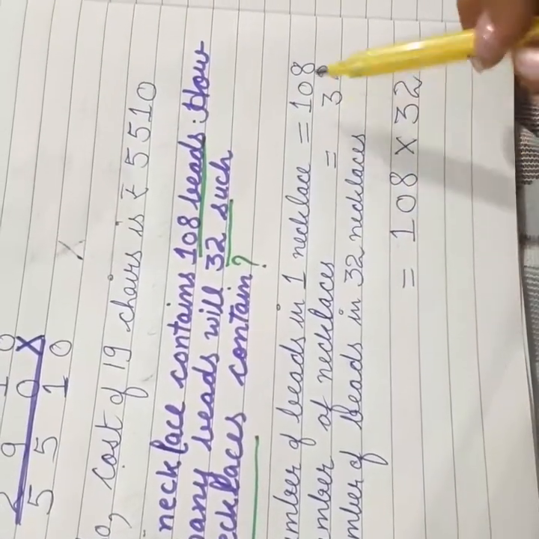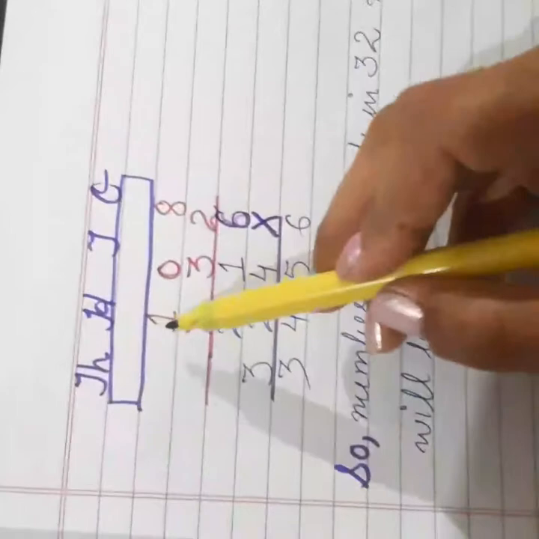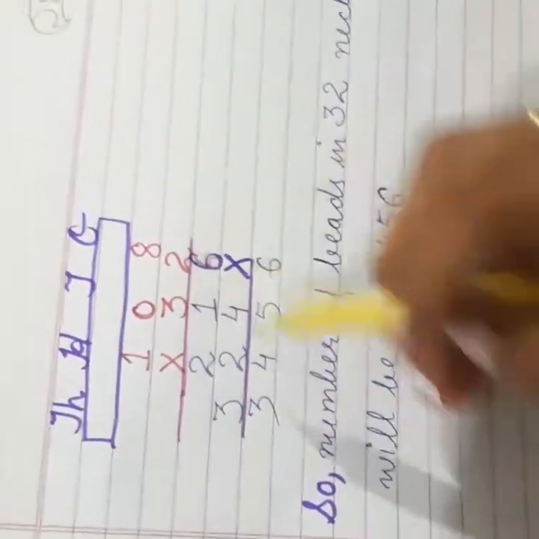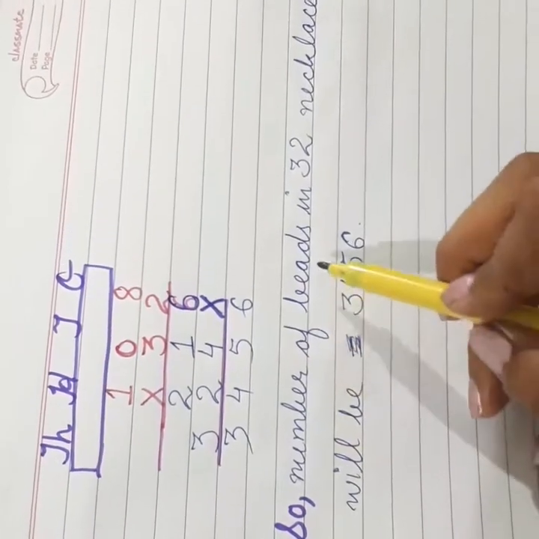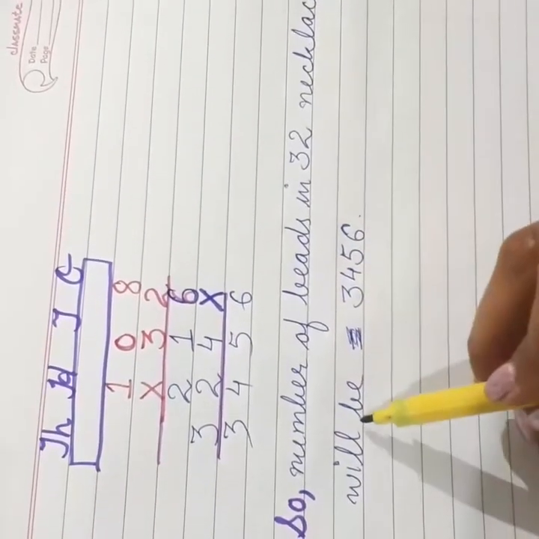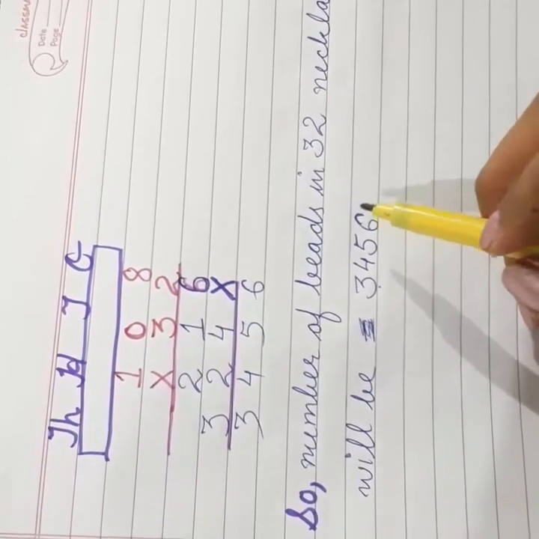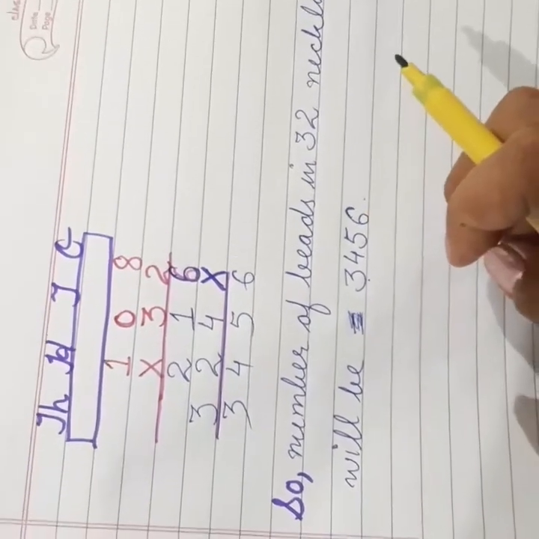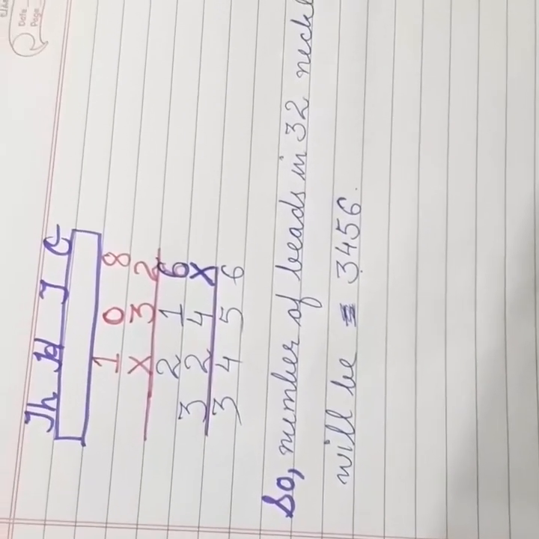So we will multiply 108 with 32 and you will get your answer. The number of beads in 32 necklaces will be 3456. So dear children, go through this concept and try to solve worksheet 8.